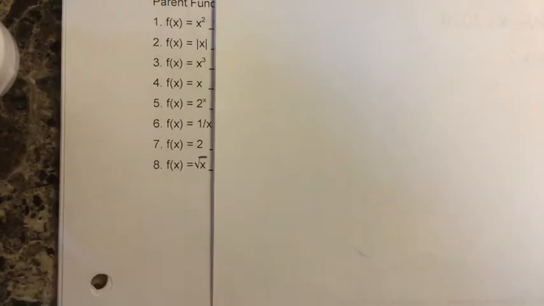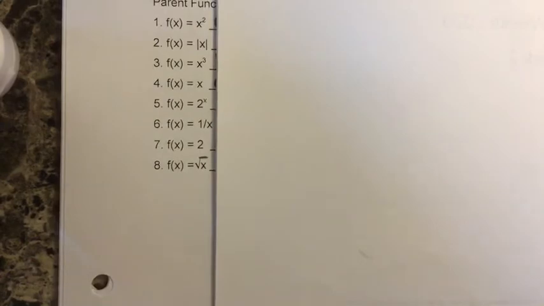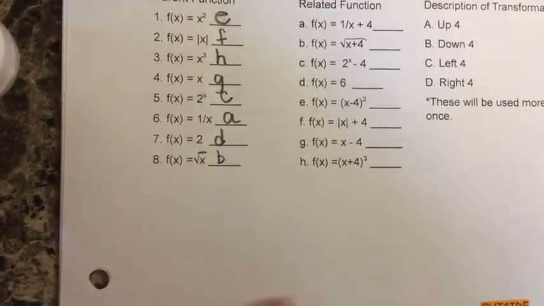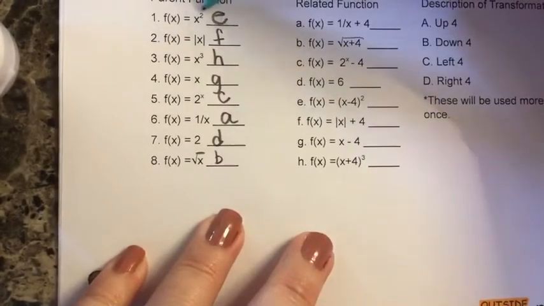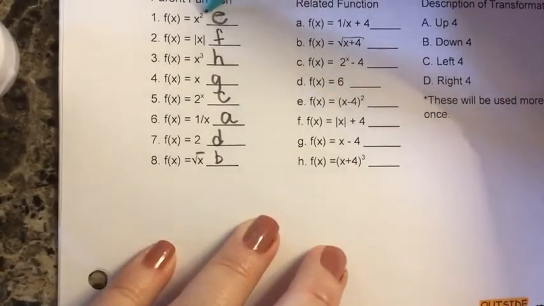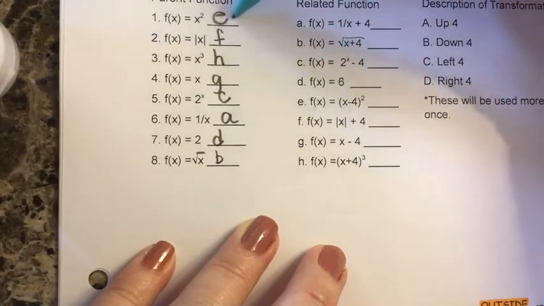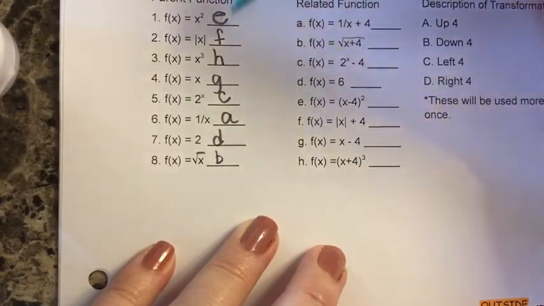Okay, I have the answers beneath my sheets of paper here, so I want to show you the answers. The related functions. As you can see, number 1 has an exponent of 2, so does letter E. So those are both quadratic.